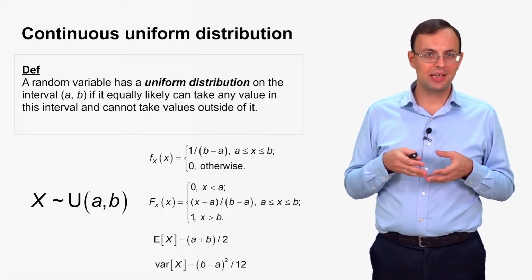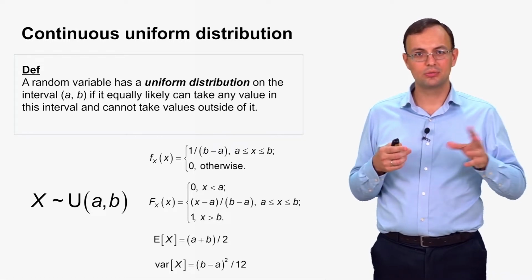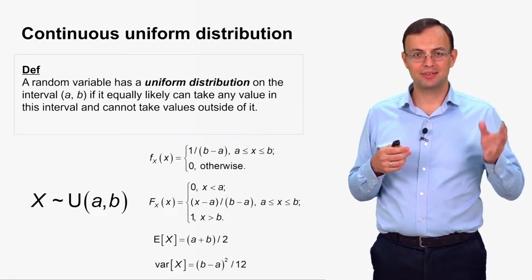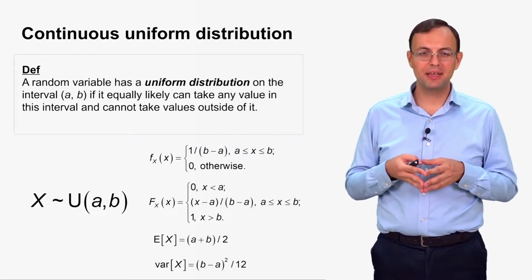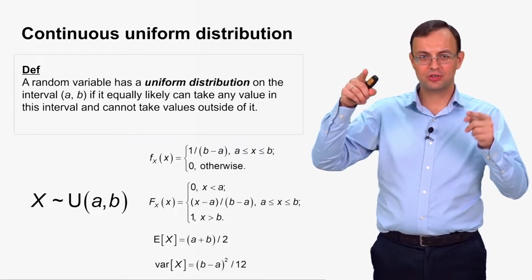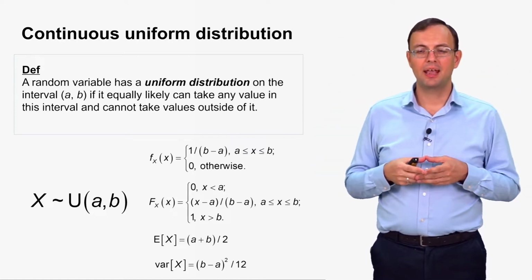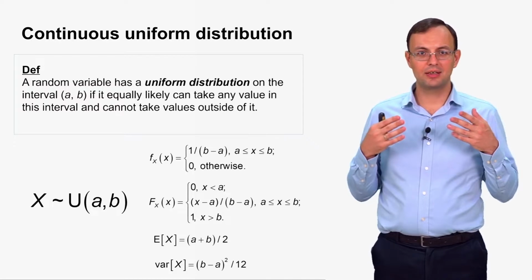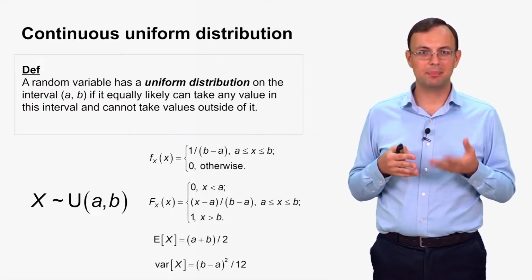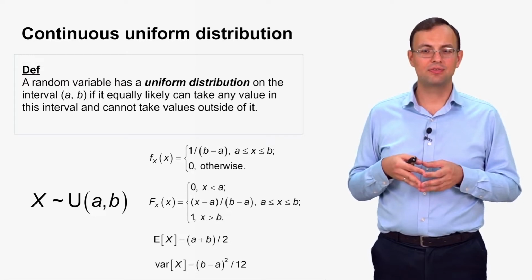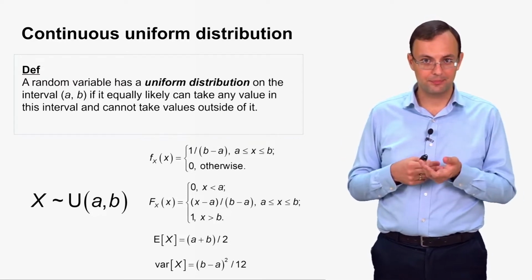Its CDF is a linear function between A and B: it is 0 when its argument is less than A, 1 when it's more than B, and a linear function connecting 0 and 1 between A and B. The expected value is the middle point of this interval, A plus B over 2, and the variance is B minus A squared divided by 12.